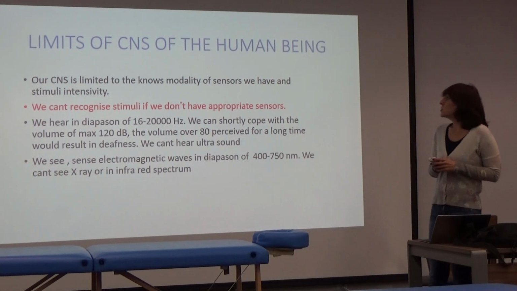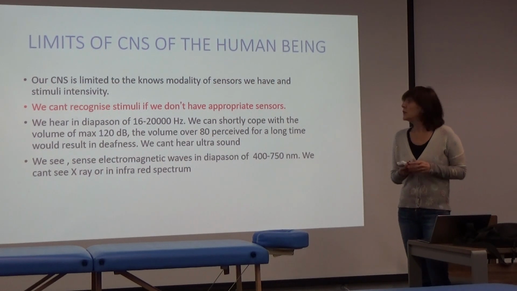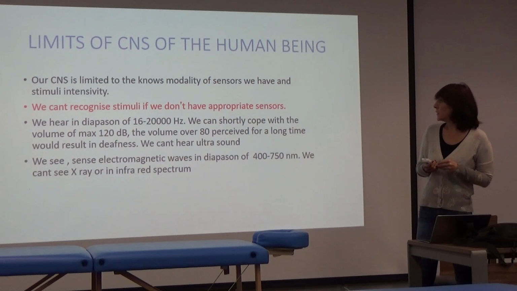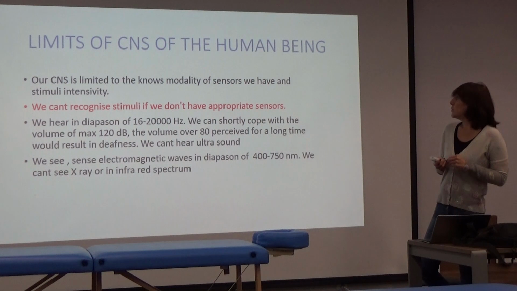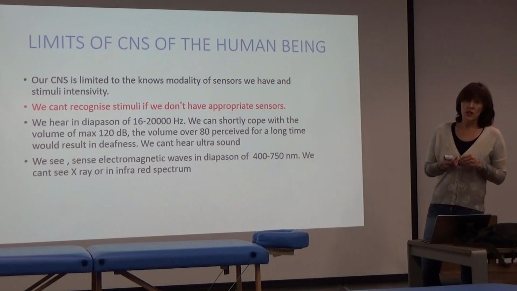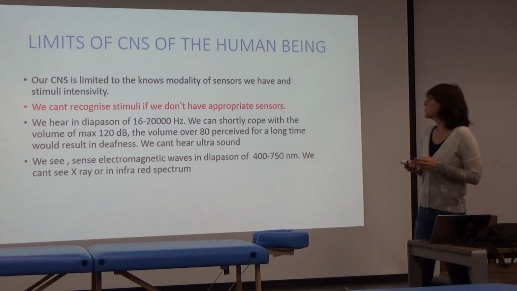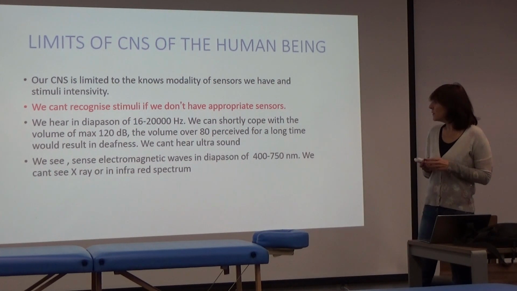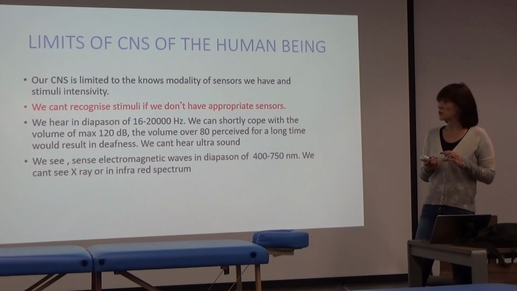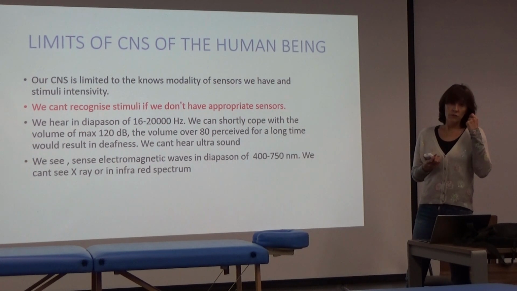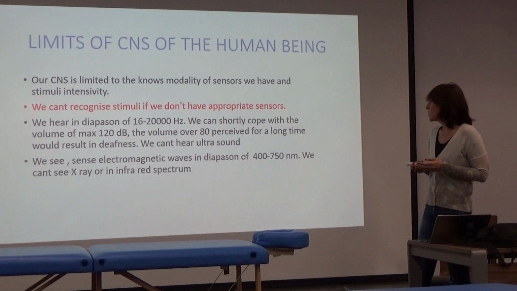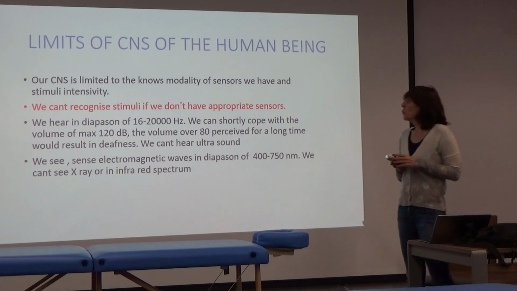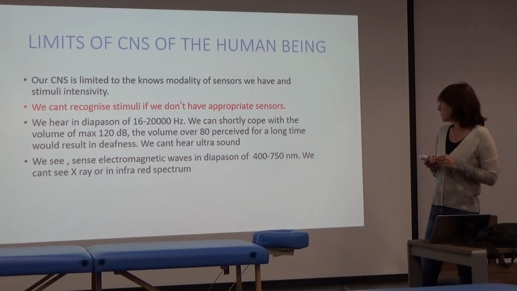Our central nervous system is limited to the modality of the senses we have and stimuli intensity. We cannot recognize the stimulus if we don't have appropriate sensors, meaning that we can hear in the range of 16 to 20,000 hertz. If the sound goes above this frequency, we either feel very, very strong pain or we don't hear the sound. We can hardly cope with a volume of maximum 120 decibels.